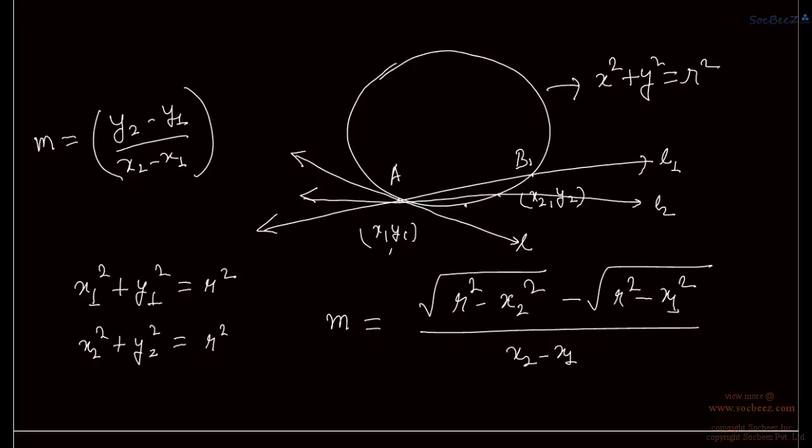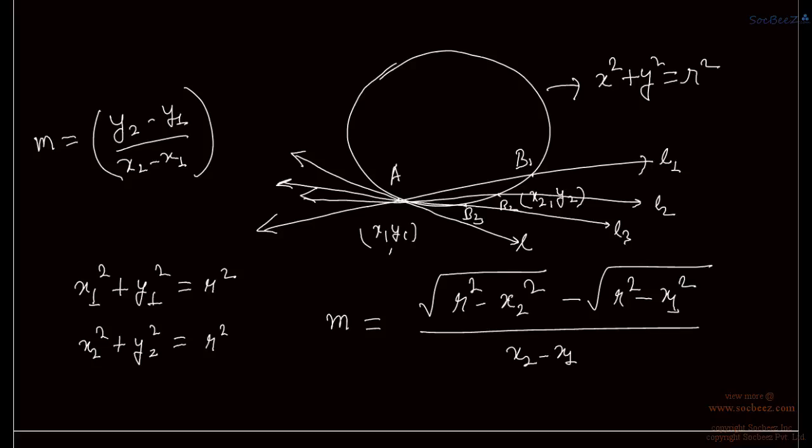Similarly, if point B comes here, say this is point B1, this is point B2, and this is point B3, then this line is becoming tangent. So B3, L3.